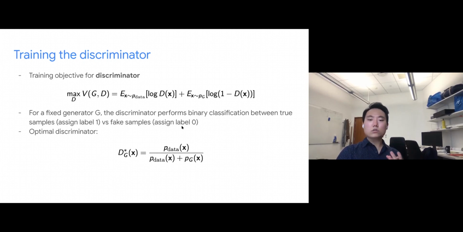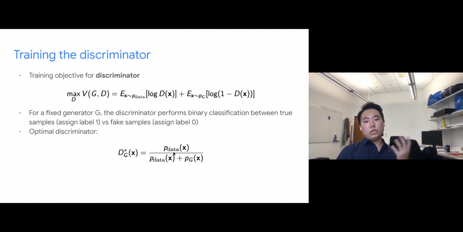And if you really train this to completion, the optimal discriminator is going to take in a point X and actually evaluate the probability under your data distribution. If it's really high under my data distribution, this will tend to 1. And if it's really low under my data distribution, this will tend to 0.